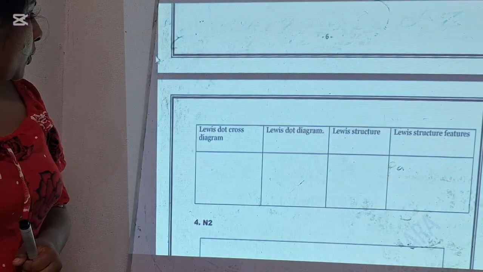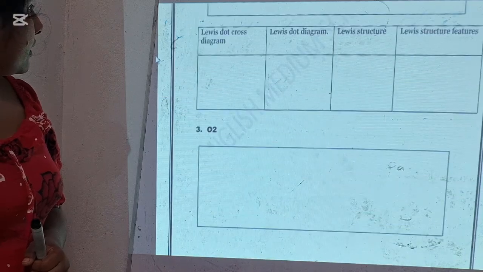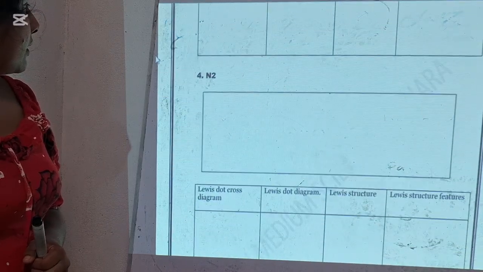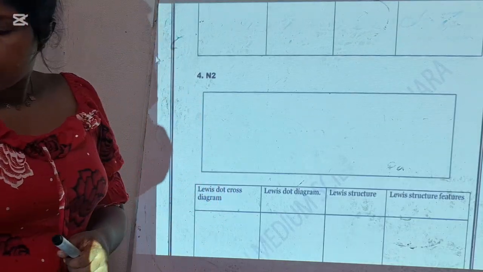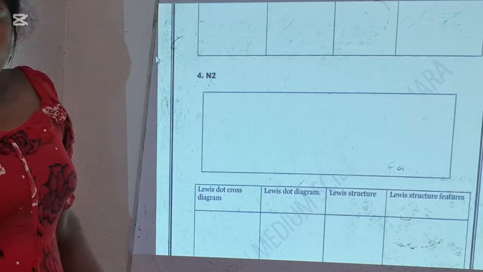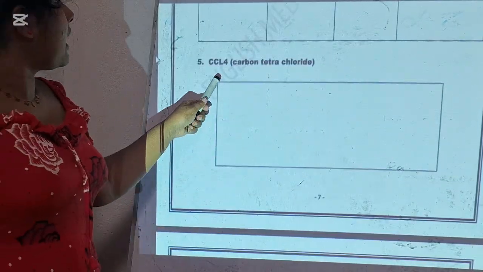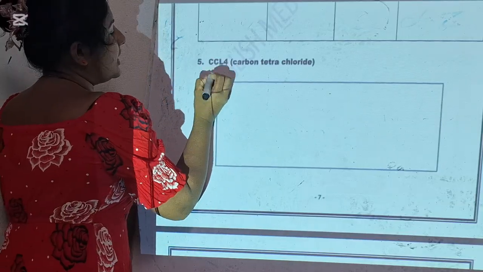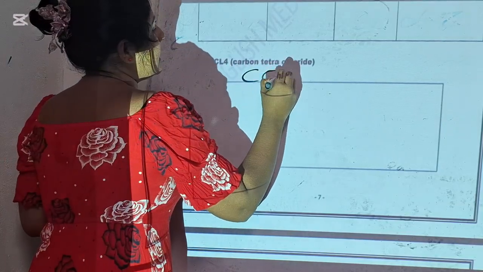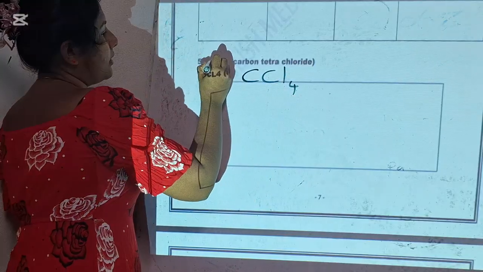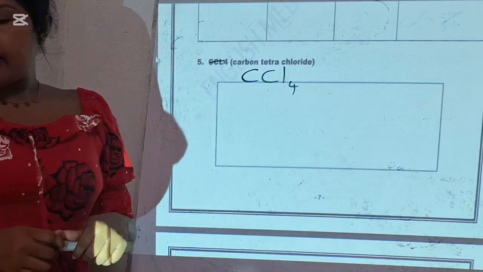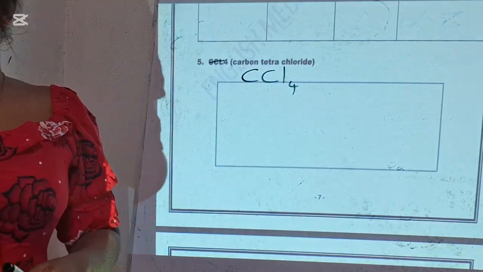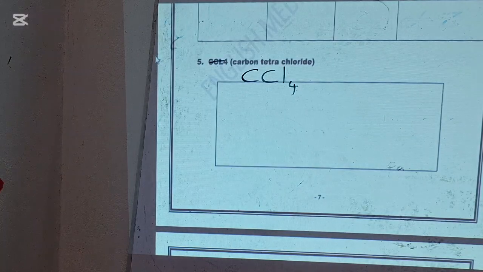You need to do the drawing of the nitrogen molecule like this, and also carbon tetrachloride, CCl4 carbon tetrachloride molecule, at home. You need to draw them at home.